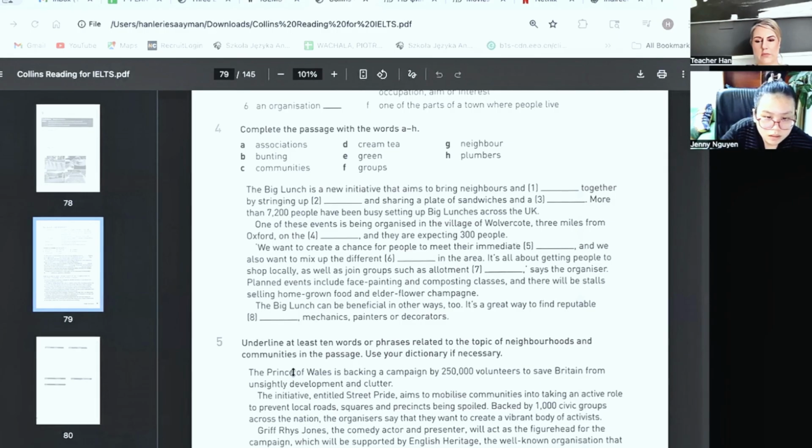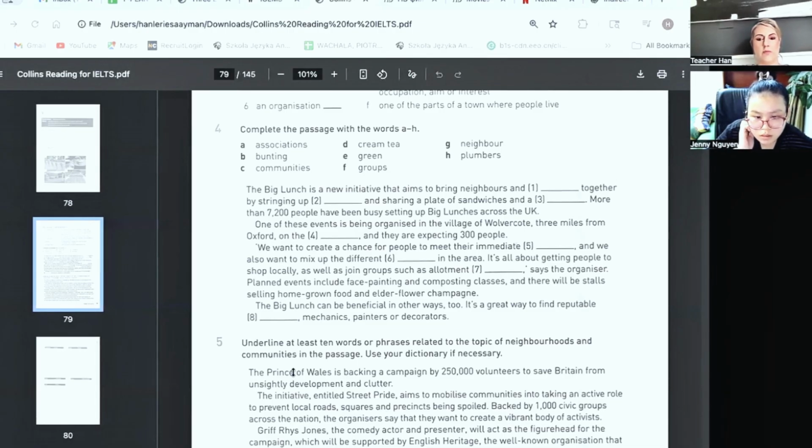More than 7,200 people have been busy setting up big lunches across the UK. One of these events is being organized in the village of Wolvercote, 3 miles from Oxford, on the green. And they are expecting 300 people. We want to create a chance for people to meet their immediate neighbors.